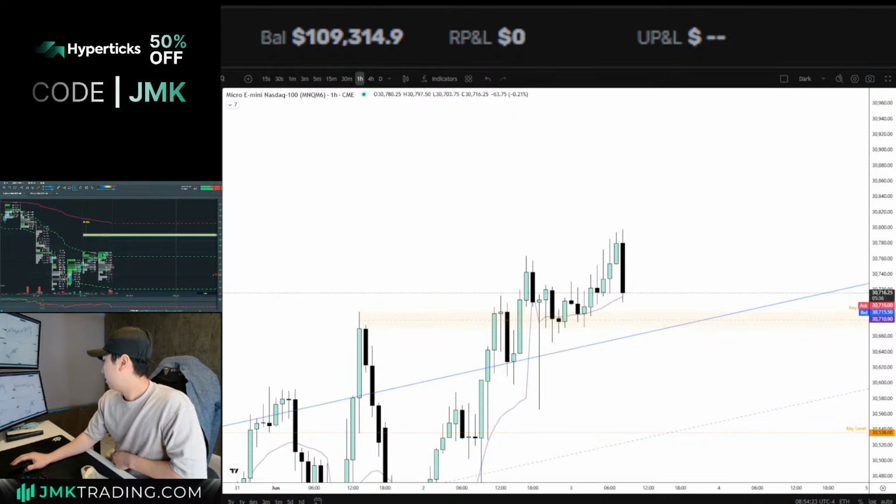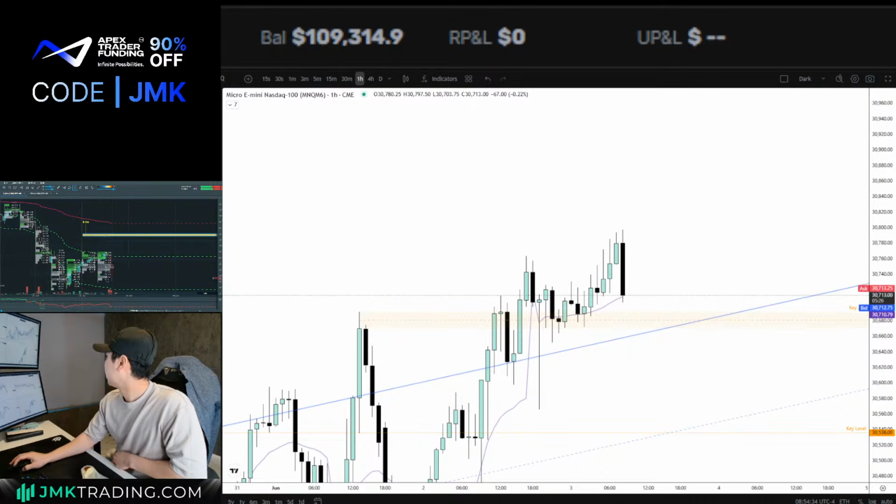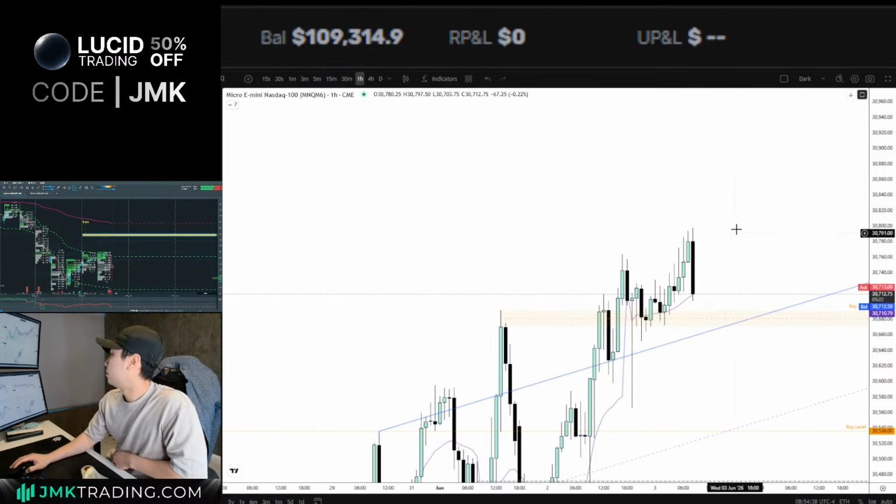So yeah, ES is looking pretty bearish. NQ starts to look like it's coming down a little bit. Just the hourly chart.